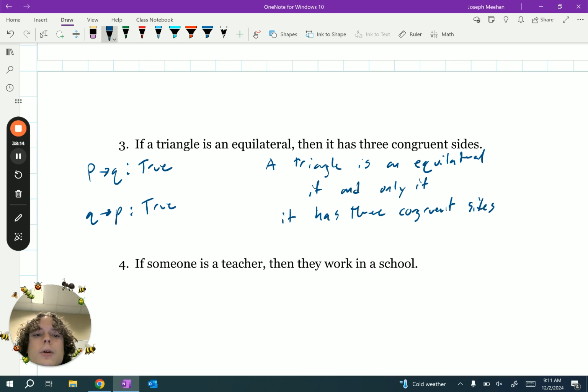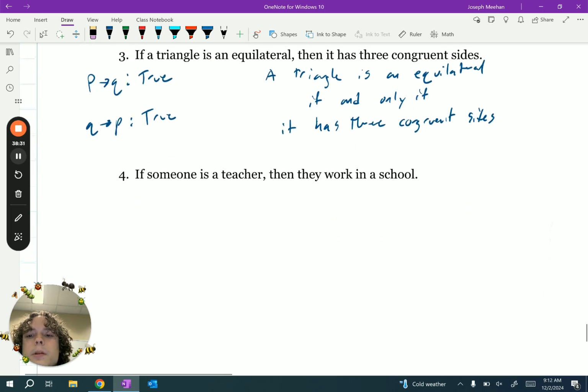There we go. So a triangle is an equilateral if and only if it has 3 congruent sides. So remember, if you're writing it as a biconditional, you don't include the if and then, right? You take those out. All right, so it's just the statement from the hypothesis, the statement from the conclusion, with if and only if in the middle.